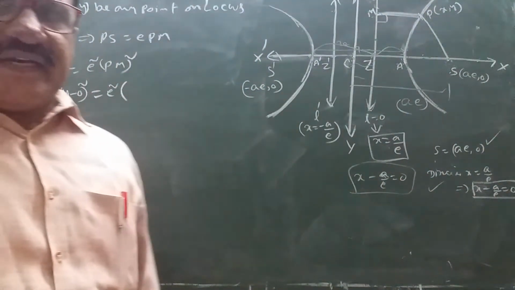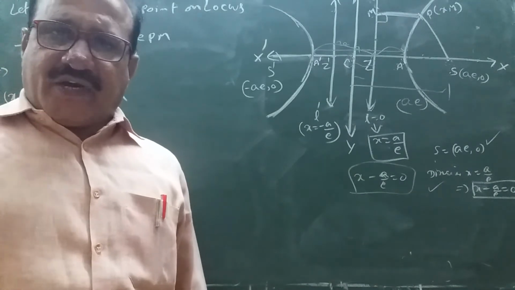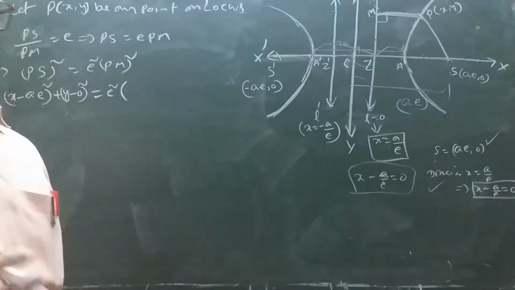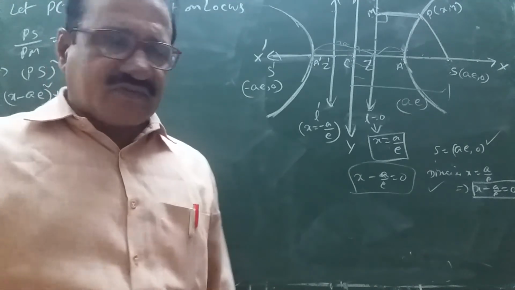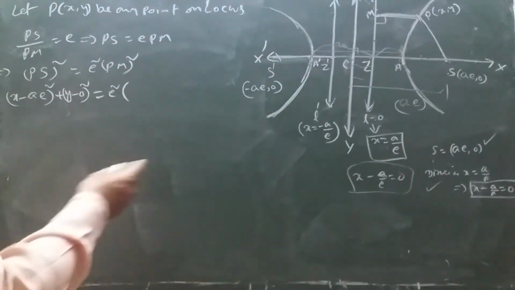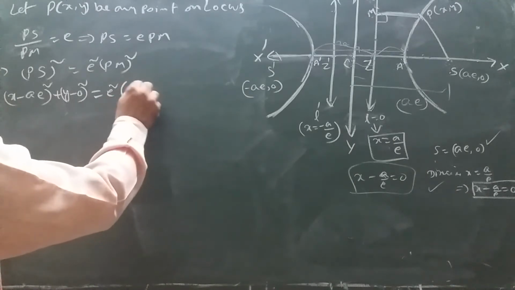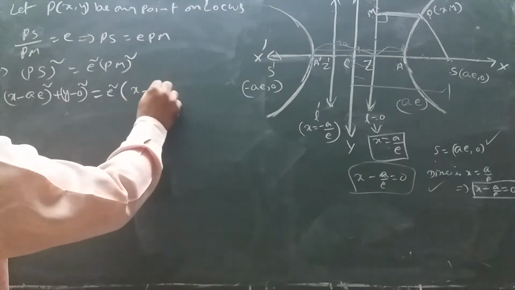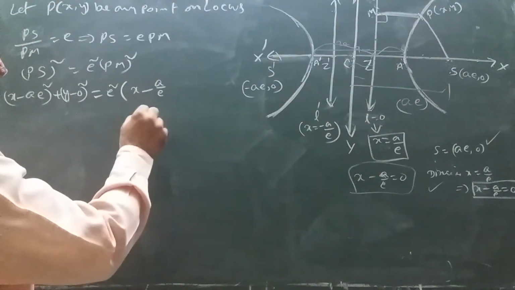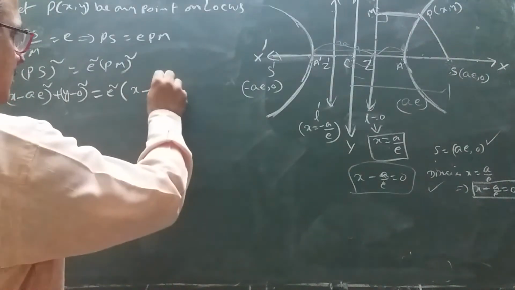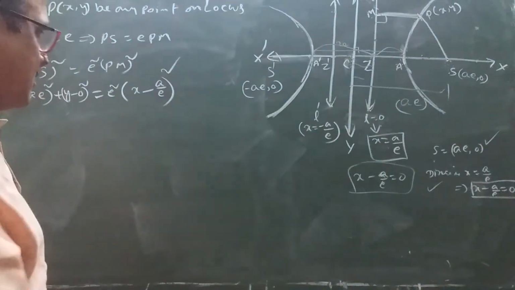We know how to find the perpendicular distance from a point to the straight line. That is mod of ax1 plus by1 plus c by root of a square plus b square. By using that, it can be written as x minus A by E, constant, there is no y term, by root of 1 square. That means 1. There is no need to write the whole square again.